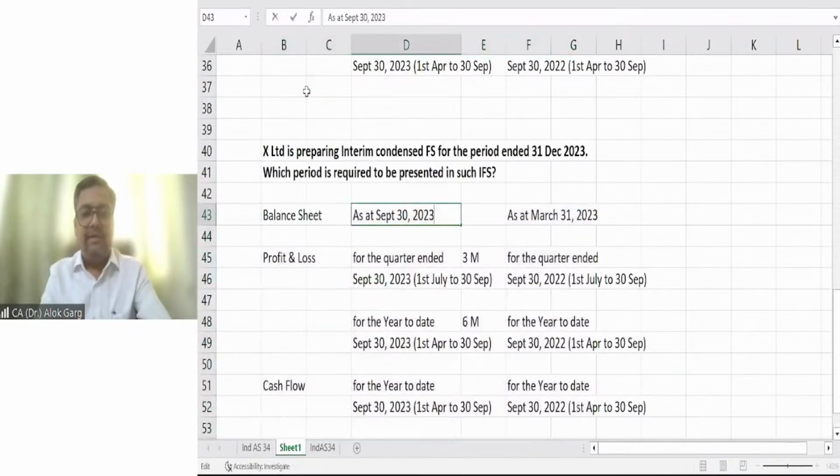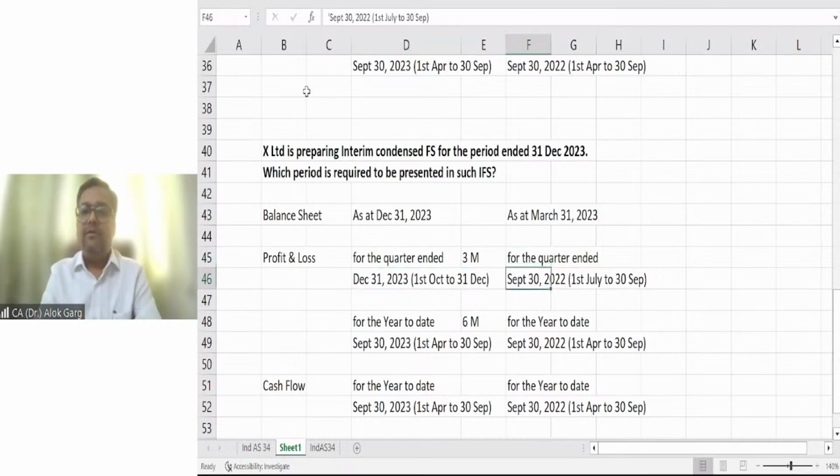Balance sheet as at December 31st, 2023. The comparison will be with the March. Profit and loss for the quarter ended December 31st, 2023. For the quarter ended December means 1st October to 31st December.